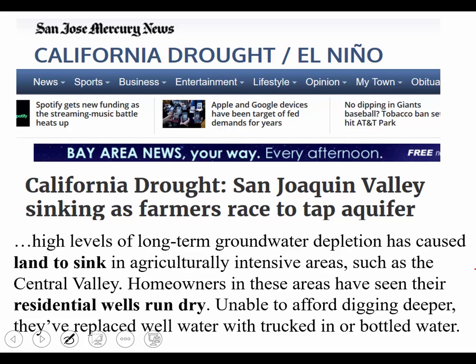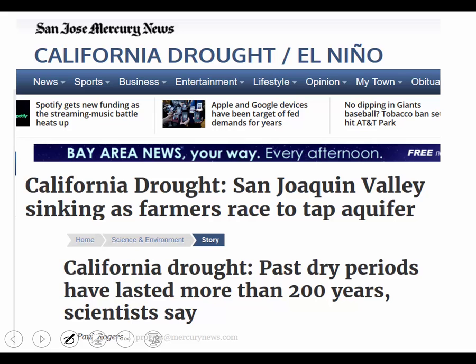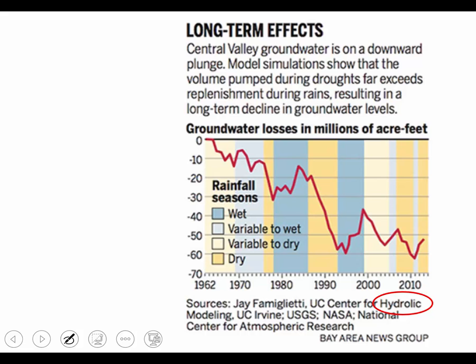Land is sinking and the homeowners are seeing the domestic wells go dry because the larger agricultural companies are lowering the water table. So these are all big issues. One of the problems is that California is in a drought, perhaps of historic proportion. California in the past, in the thousands of years, has had droughts lasting hundreds of years.